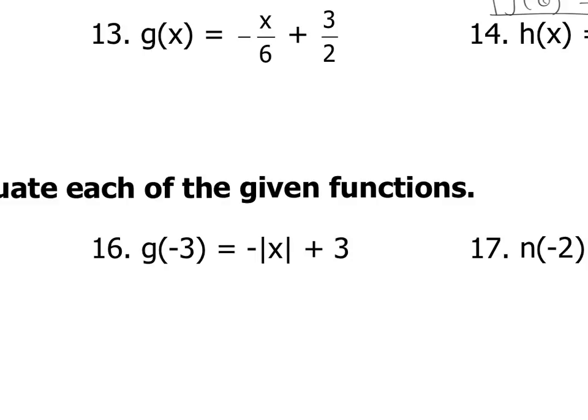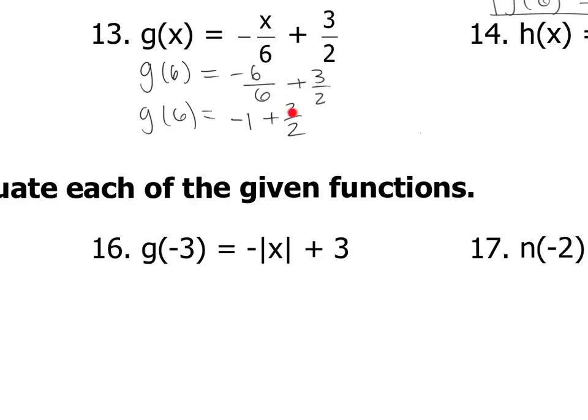All right, this one we're going to plug in 6, so g of 6 is going to equal negative 6 over 6 plus 3/2. So now we need to combine these two numbers. Remember that negative 6 over 6 is just negative 1, because 6 over 6 is 1, and we'll keep that negative. And then we need to add 3/2. Now it's your choice here.